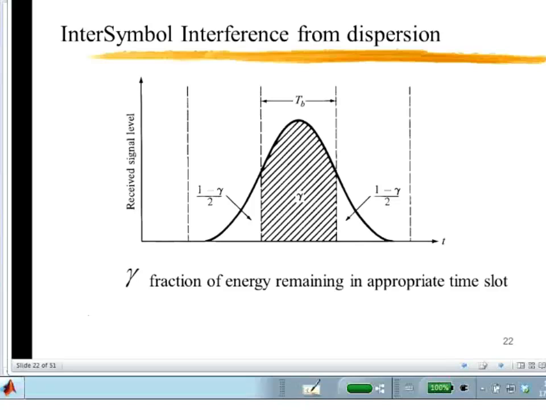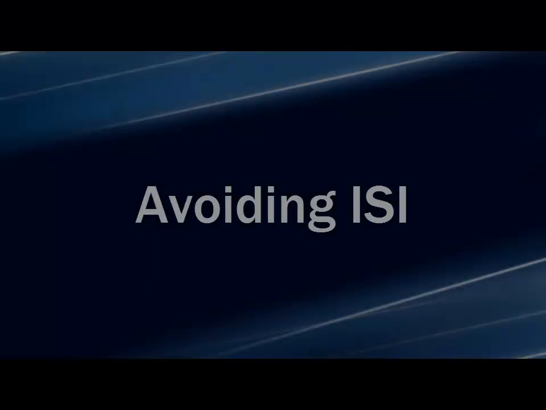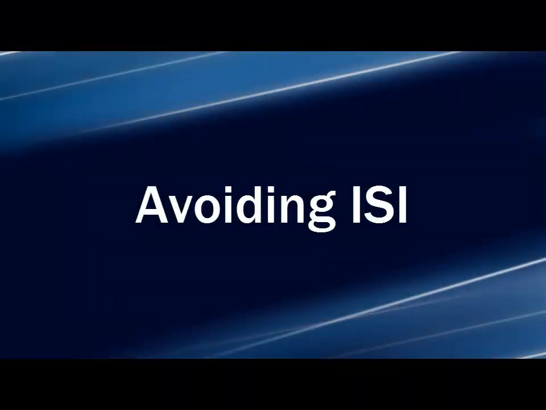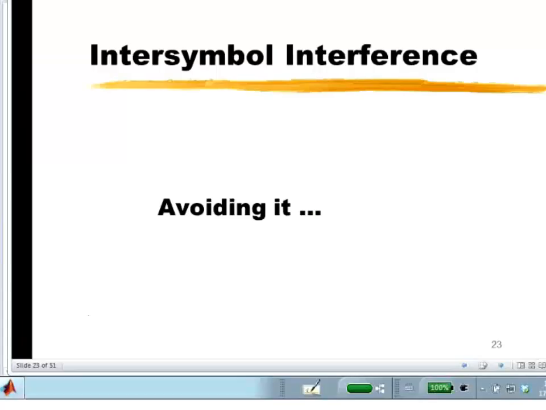They wouldn't apply to other methods of combating chromatic dispersion in a fiber. But now I'm talking about filtering effects. So we know that this sort of intrinsic problem with transmitting through bandwidth-limited channels is the possibility that intersymbol interference will raise its ugly head. And so we want to come up with ways of avoiding it.